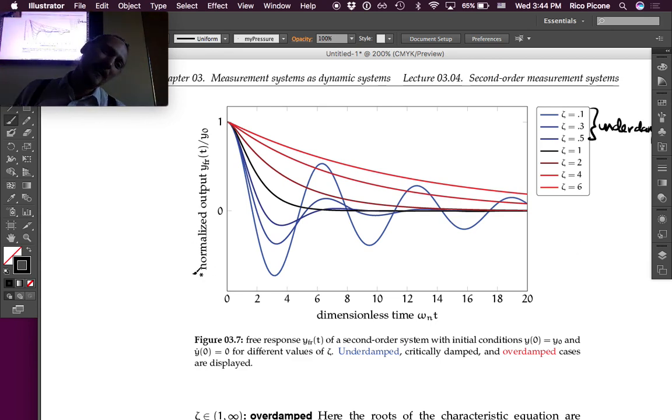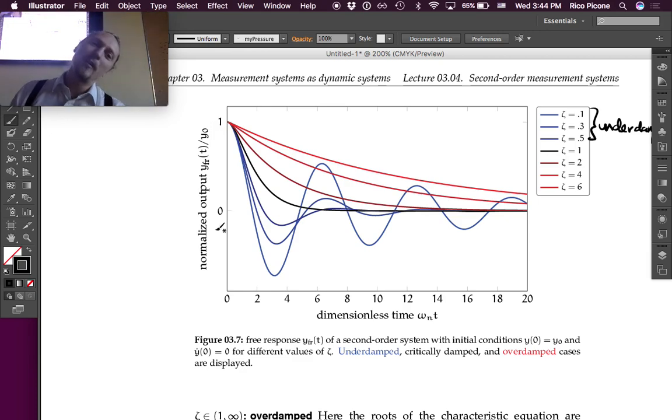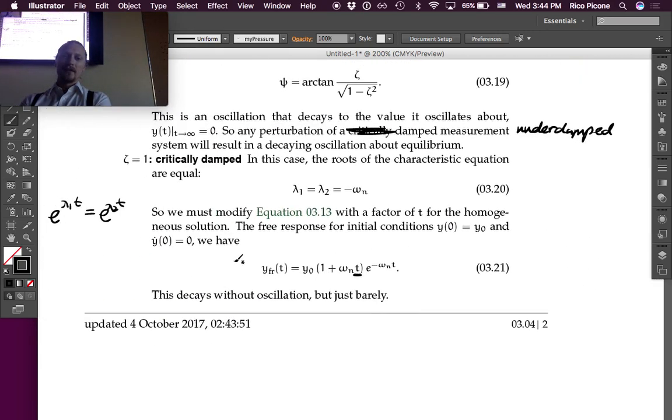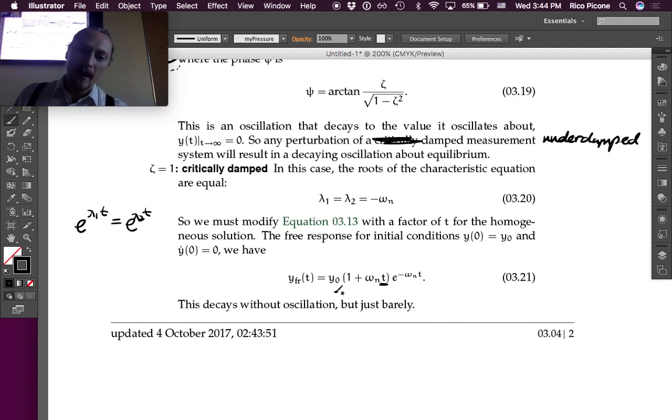And then the vertical axis is the normalized output. So also notice that everywhere in all of these solutions, y naught shows up as a factor. So you can divide both sides by y naught, and you get an expression over here that doesn't depend on y naught at all.